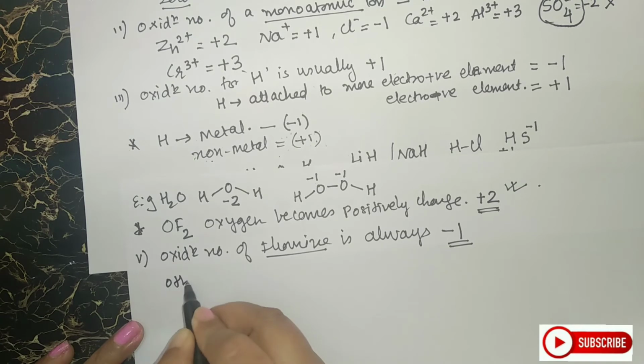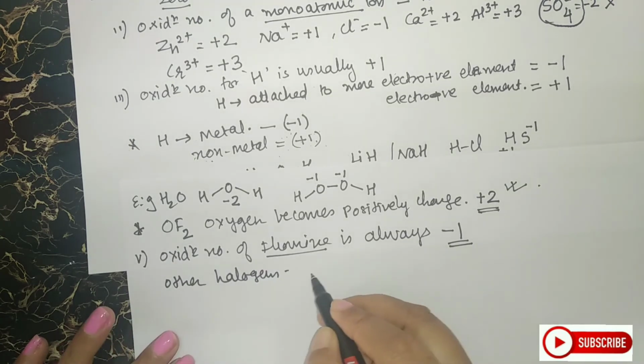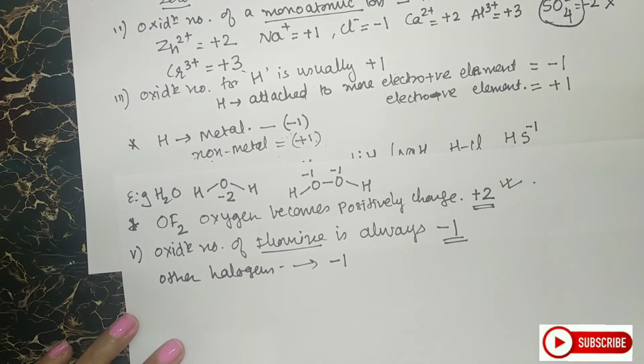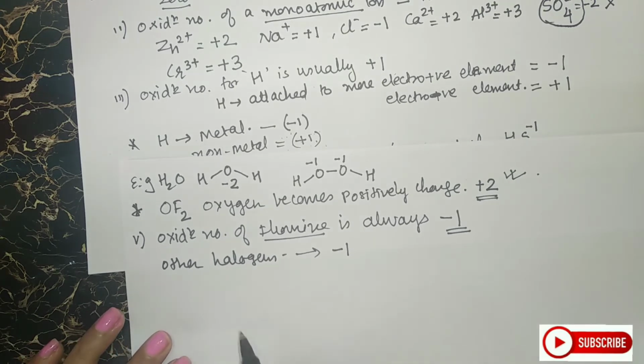Other halogens also have a -1 oxidation state, but depending upon what they are attached to, they become positive or negative, extending from -1 to -7 or +7 oxidation state. Let us take some examples and try to understand.